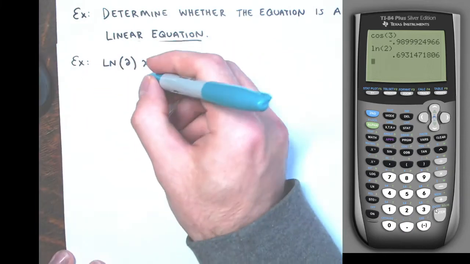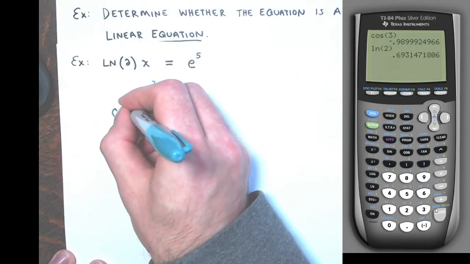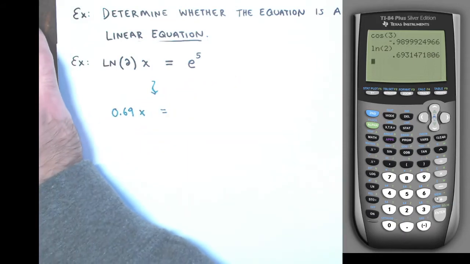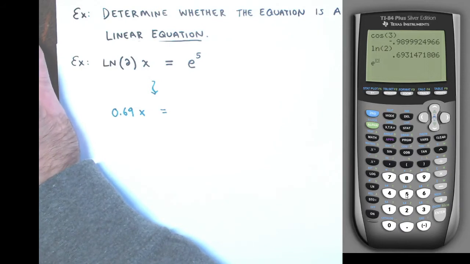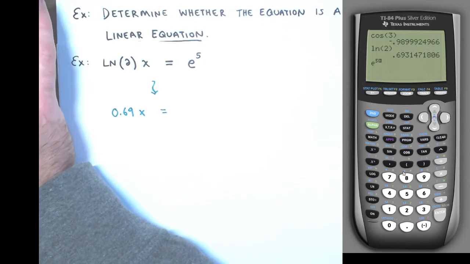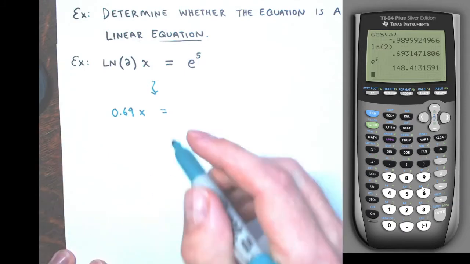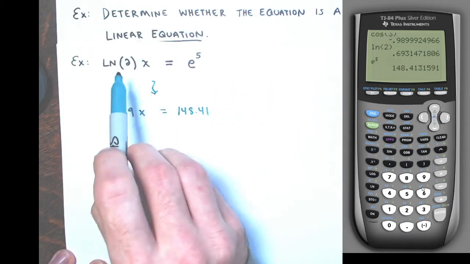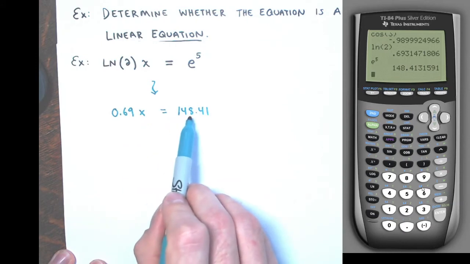All right, so if I go back here, I'll say this is basically just like this equation. 0.69 times x equals, and then over on the other side, you see I have e to the 5th. Remember, e is about 2.718. To the 5th power is approximately 148.41. So practically looking at this equation, 0.69x equals 148.41.